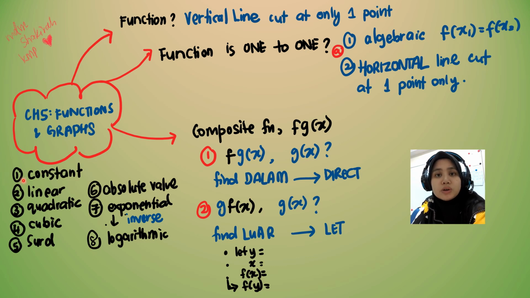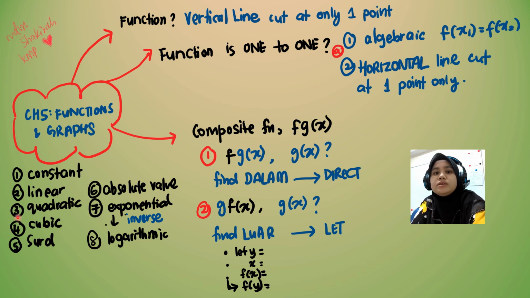The last thing that you need to conquer for chapter 5, functions and graphs, is for you to draw your graph. You have to understand your graph and know what to draw. The information that you need to find is so that we can find our domain and range. So let's look at what functions you are going to learn. First is constant. Constant is simple, then linear. Yes, you learned that at school. Quadratic as well, so it is not hard for that one.